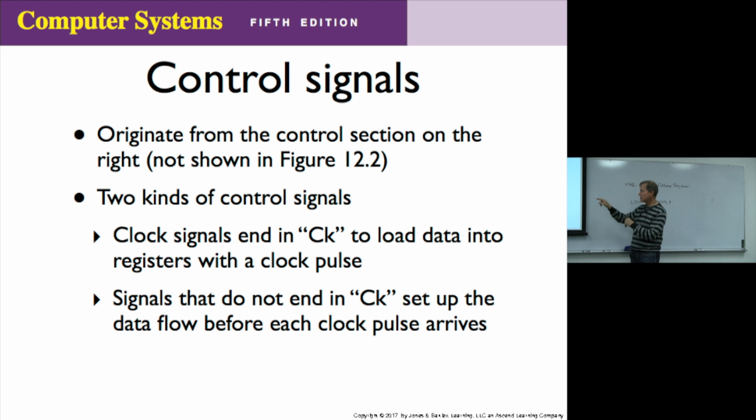The clock signals end in CK to load data into the registers with a clock pulse, and the signals that do not end in CK are the signals to route the data and present it to the sequential circuits so that when a clock pulse happens, boom, that data will be clocked into that sequential circuit. Is everybody with me on this? Are we good?